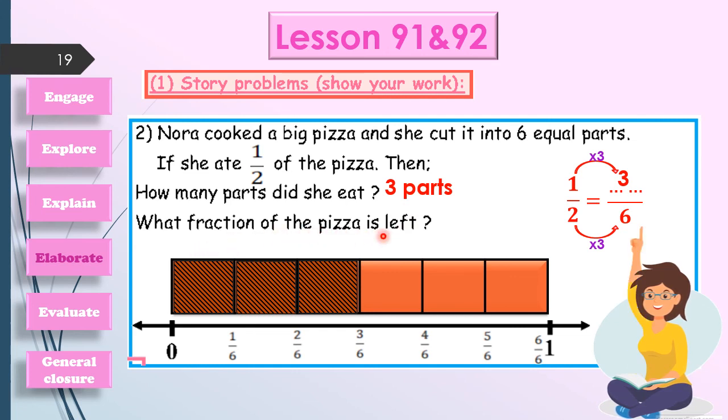What fraction of pizza is left means not eaten yet. She ate only 3 parts out of 6 and the left is, yes, 3 parts out of 6. It asked for a fraction, not a number. Then let's write our fraction, which is 3 parts out of 6, like this. Good job.